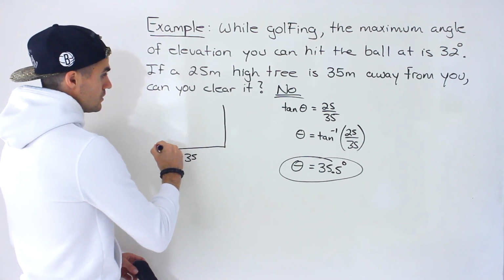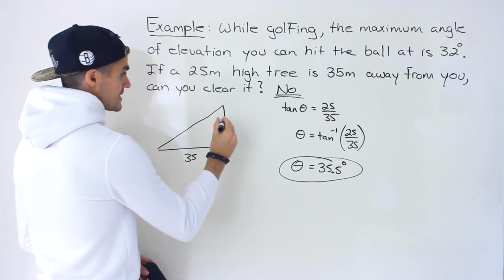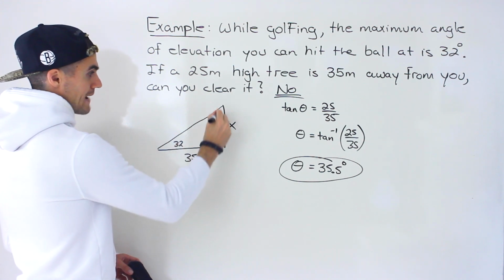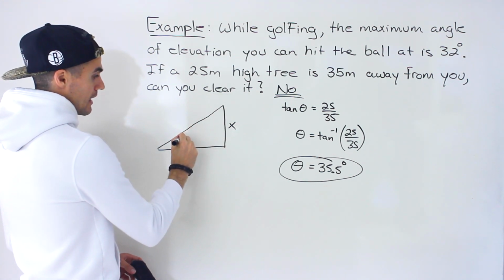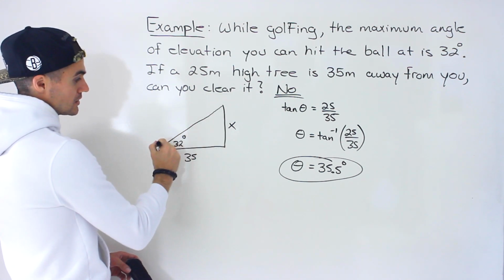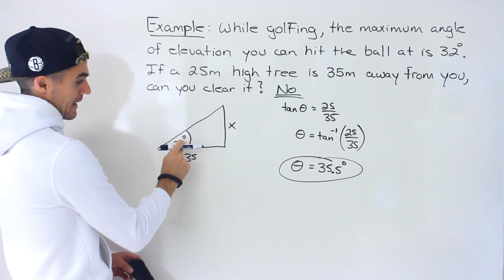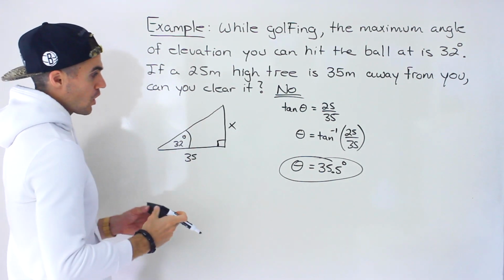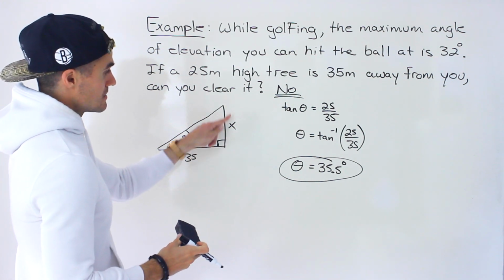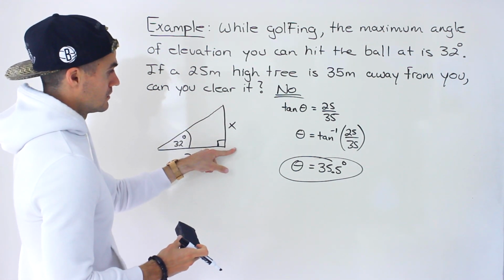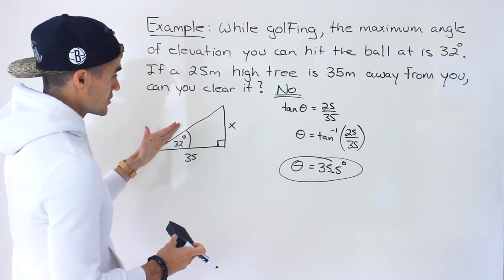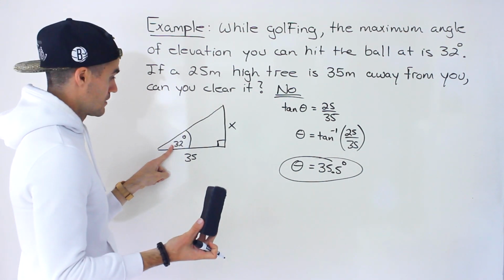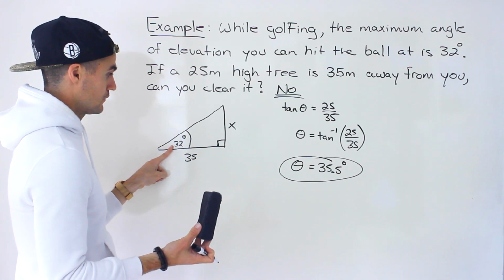Well, what we could do is we could find out what's the max height of this tree that can be if we're hitting the ball at our maximum angle of elevation, like that. So what we would solve for here is the maximum height of the tree that would allow us to clear that tree if we hit it at the maximum angle of elevation.